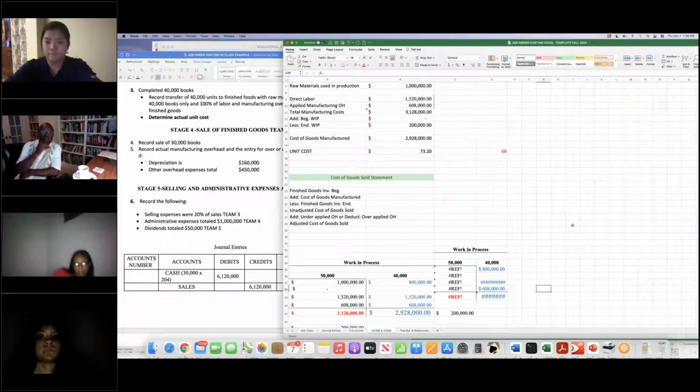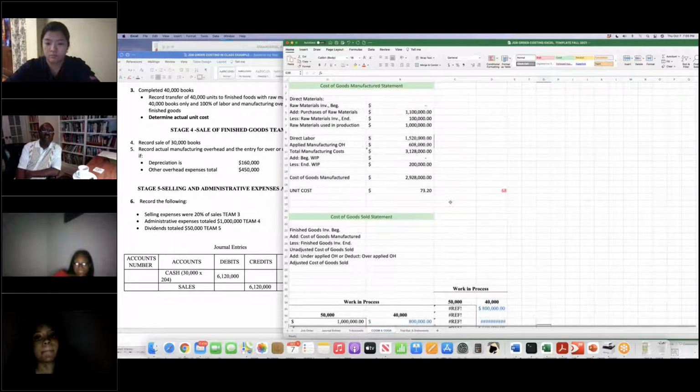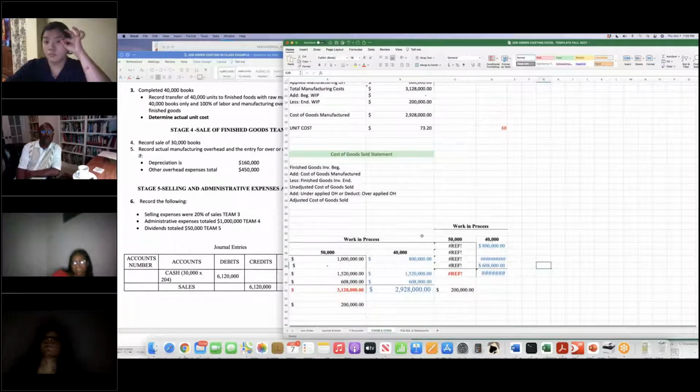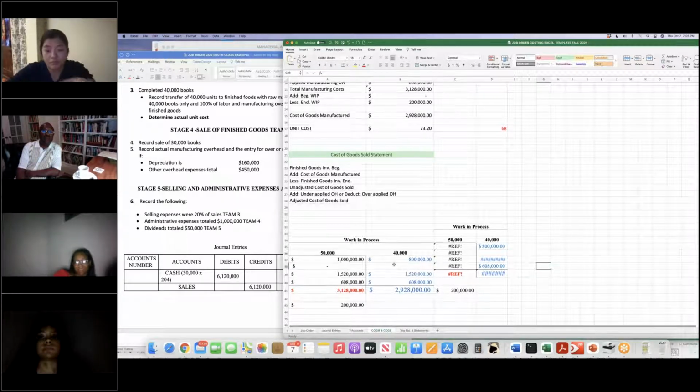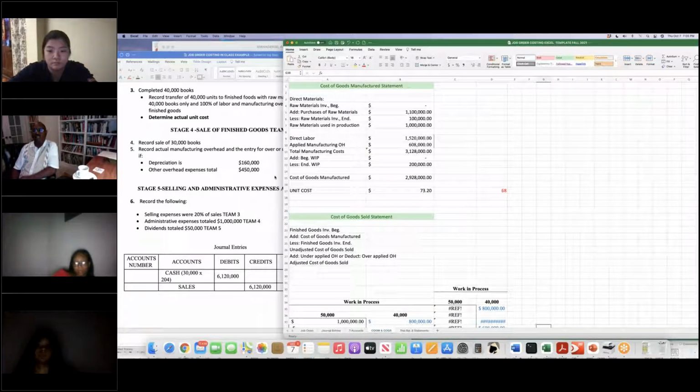So if you check, you'll see that every number in this T account eventually shows up on the statement. So the work in process account is utilized to get the statement. So once you make the journal entries and you post to the ledger, you're there.